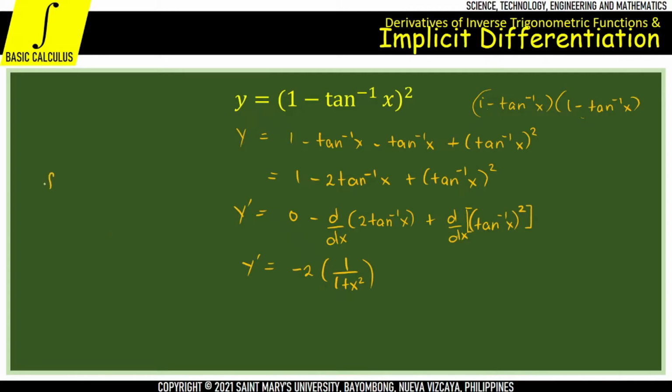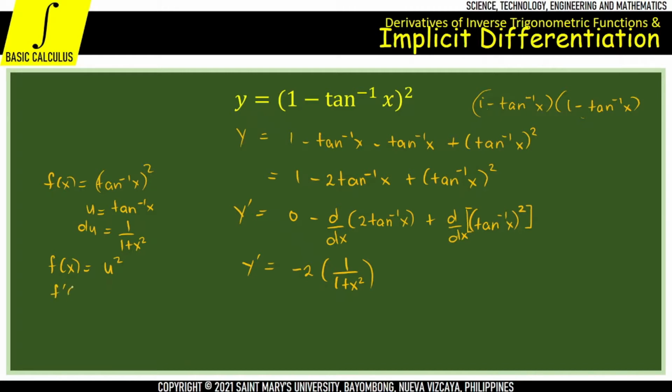So we let our function, we assign it as f of x, equal to the inverse tangent of x squared. And since this can be expressed using u, we have u equal to the inverse tangent of x. And we have said that the derivative of inverse tangent is equal to 1 all over 1 plus x squared. Therefore, our function f of x can be written as u squared.